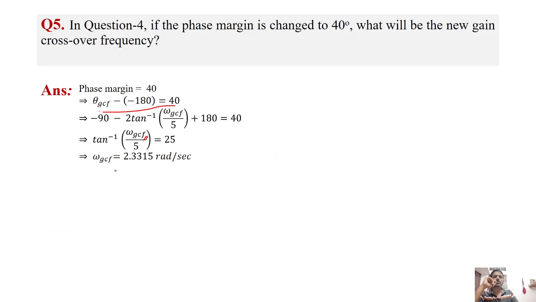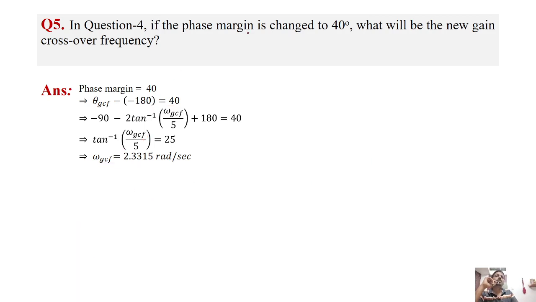We got omega GCF as 2.3315. Initially it was 1.776 radians per second. So if I change the phase margin to 40, the new omega GCF will be 2.3315. The frequency has shifted. That is the question.